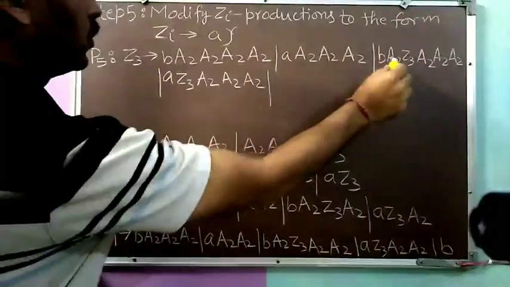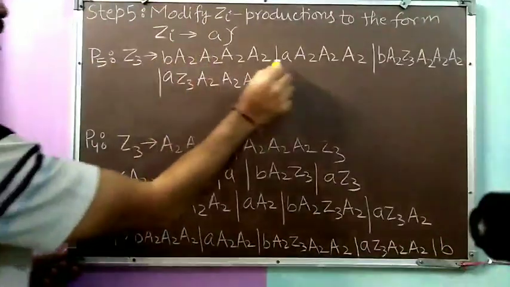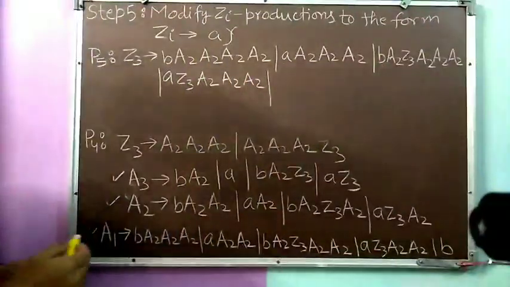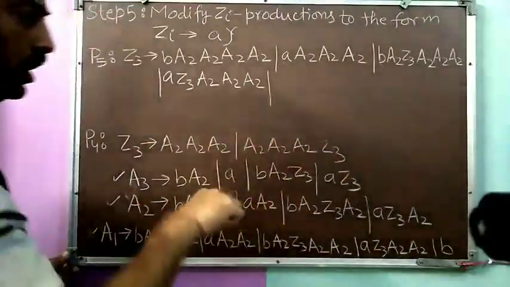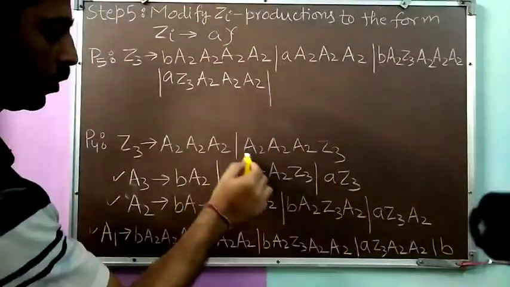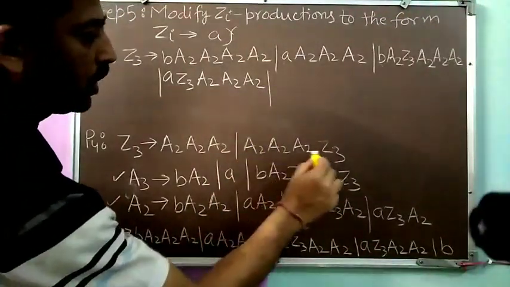So from this production Z3 to A2, A2, A2, we have found these 4 productions, and we can see that all these 4 productions start with a terminal symbol, b, a, b, a. Similarly, we will convert this Z3, A2, A2, A2, Z3 into the required format. Again, we put the value of A2 and append it with A2, A2, Z3.